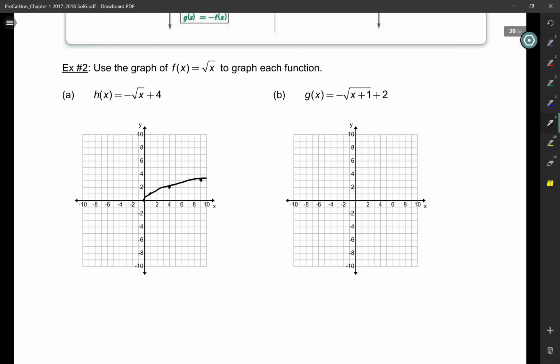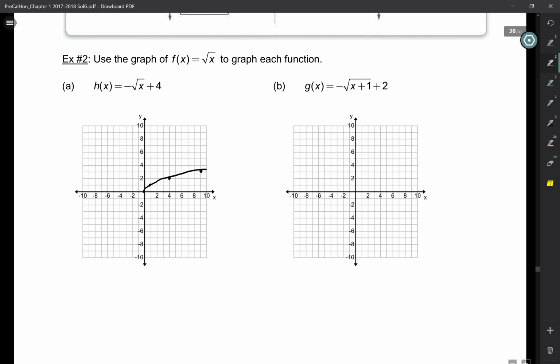Now we're going to do the same thing, except what transformations have happened here? It went up 4, and this is a reflection. So we're going to start here. And now there is a reflection around the x-axis.